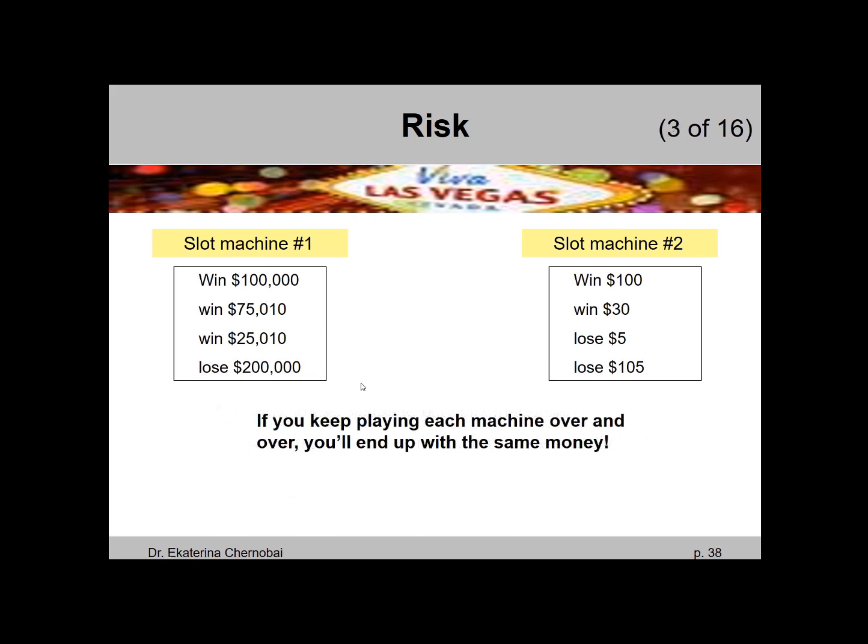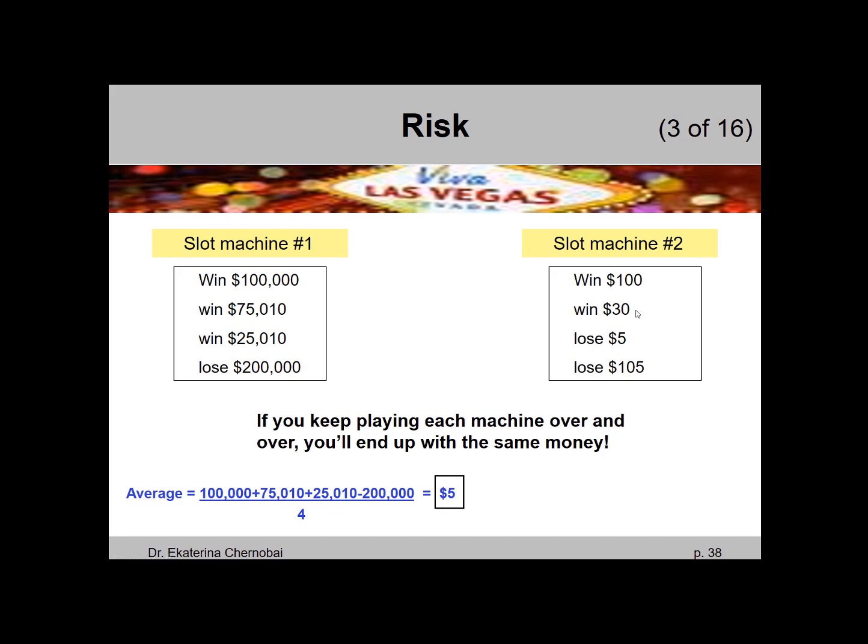First, if you do the right math, you would realize that it doesn't matter which machine you play if your only goal is making money. You actually end up with the same amount of money on average. How do we know that? Well, add the 4 possible numbers up and divide them by 4. That's your average gain per game as you play it over and over and over. $5 if you play slot machine number 1.